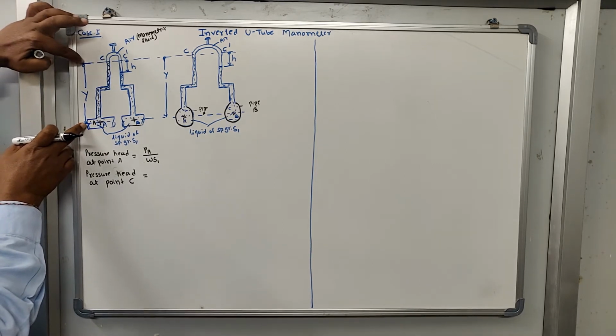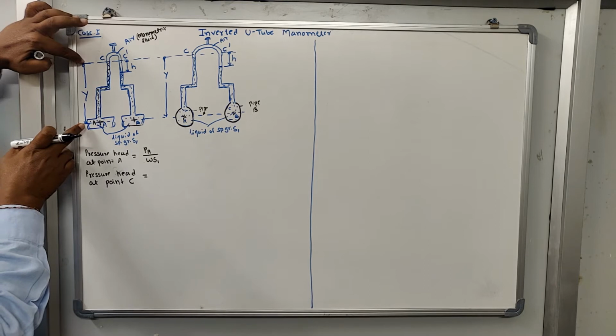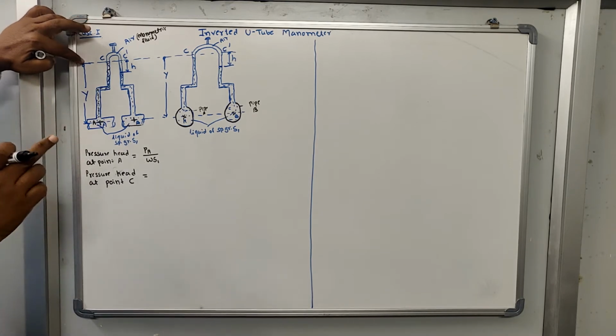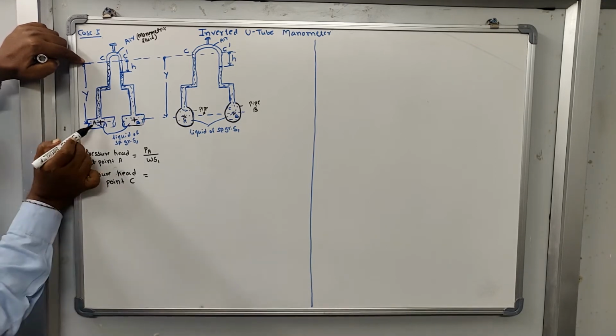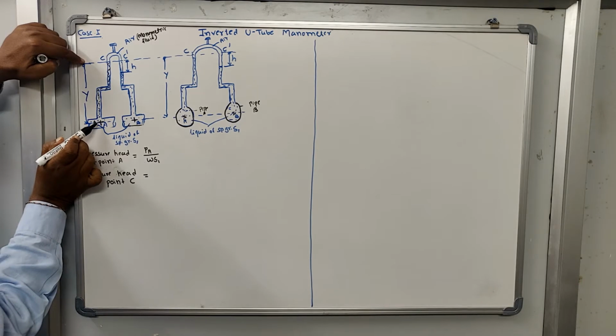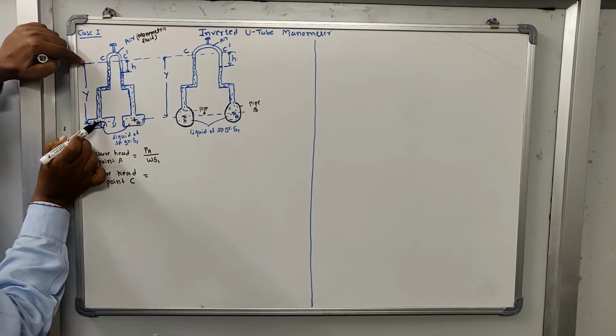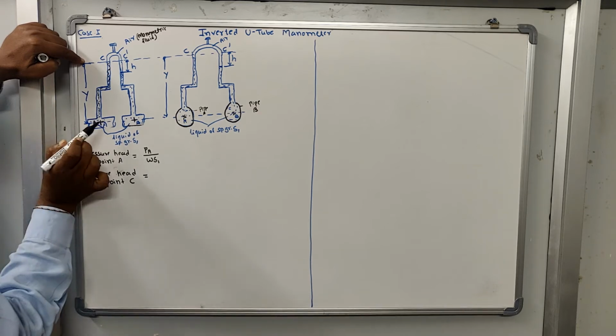As I told in the last class, if you want to know the pressure head at the next point, and the next point is above the point where you know the pressure head, then you use a minus sign.